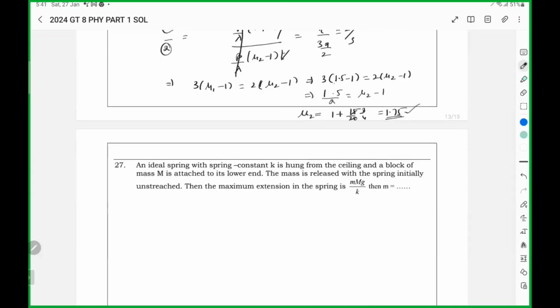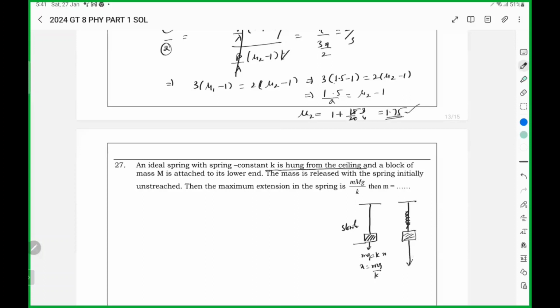Here an ideal spring with spring constant k is hung from the ceiling, and the block of mass m. Hold this block m, and if you release slowly, then we write mg as kx, x as mg by k. This is slowly. So without holding, just release it faster, then the extension will be different.